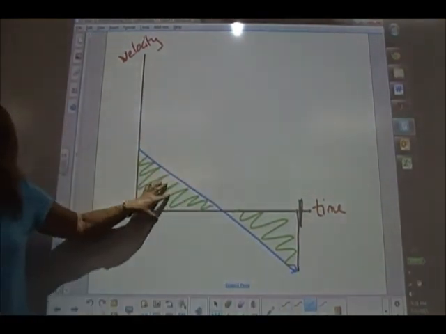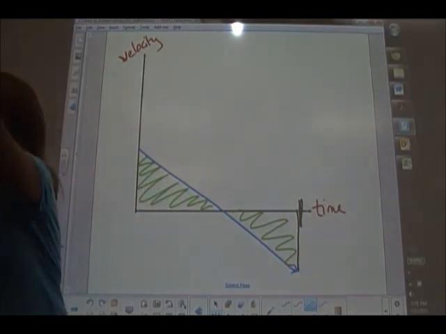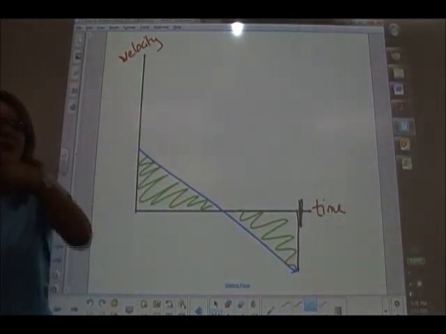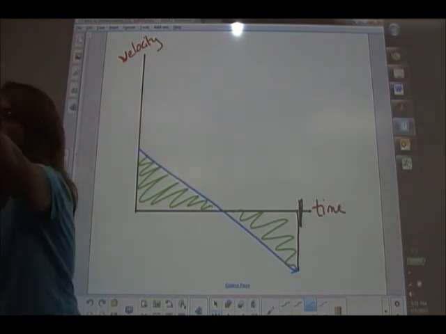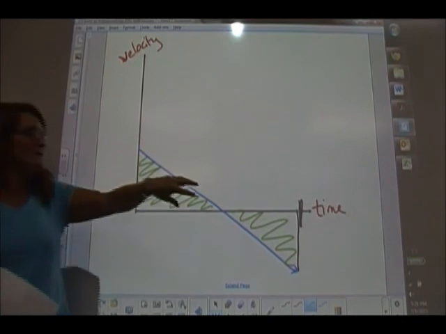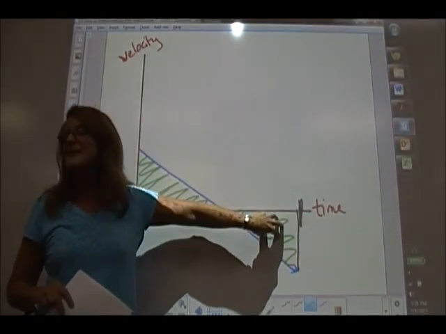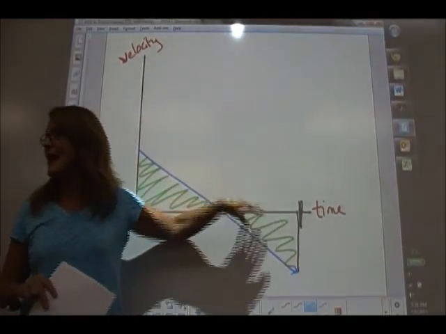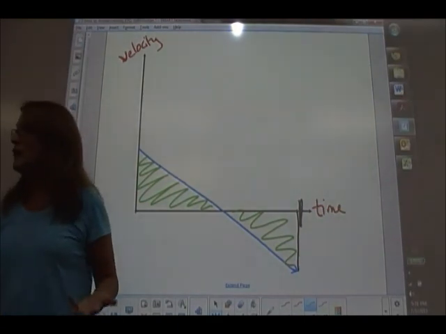Now, how could I figure out how far I traveled total from the start of my trip going forward to coming back? To get that total distance, I could figure out the area of this triangle, figure out the positive absolute value of this area, and add them together. And that'll tell me how far I traveled.